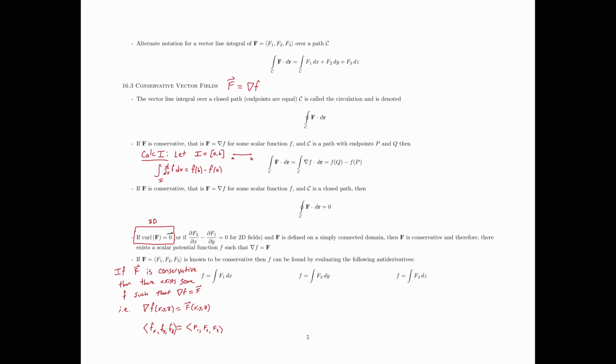So then what you can do is just line up your components. Set this first component equal to this first component. So the x partial derivative of little f should equal the x component of our vector field, f1. Well, remember that the x partial derivative can be written as this.